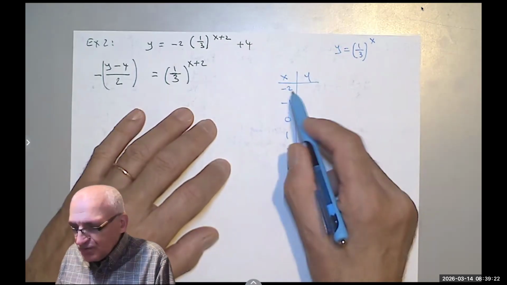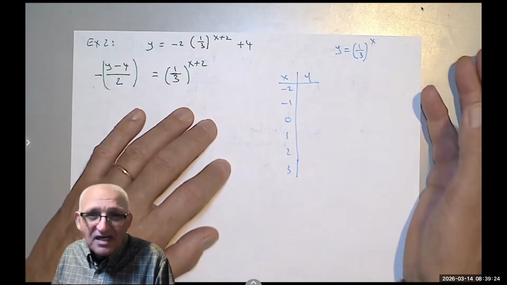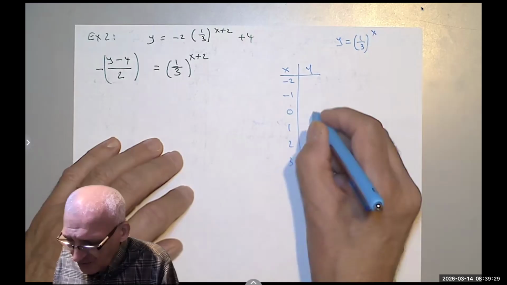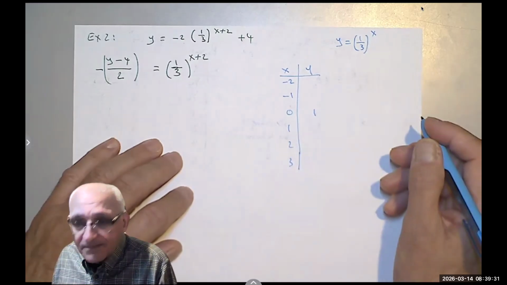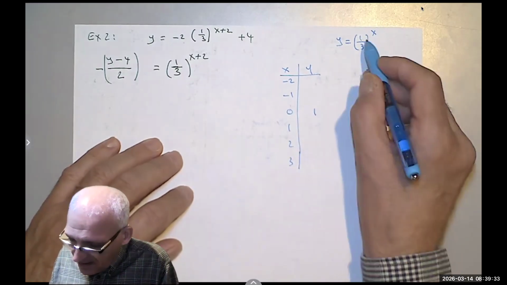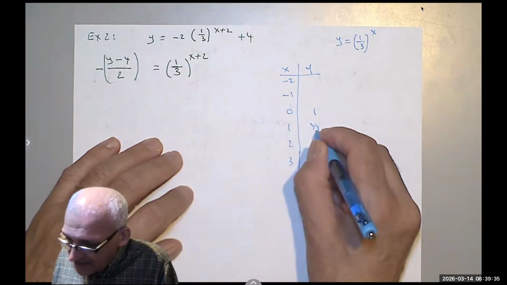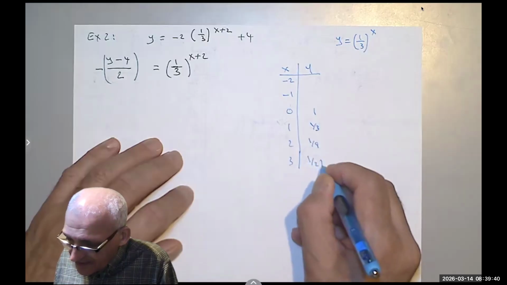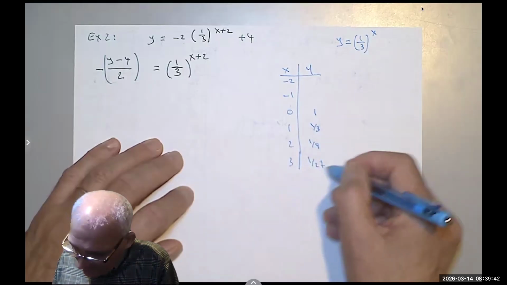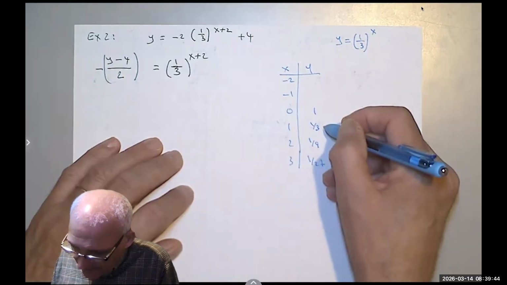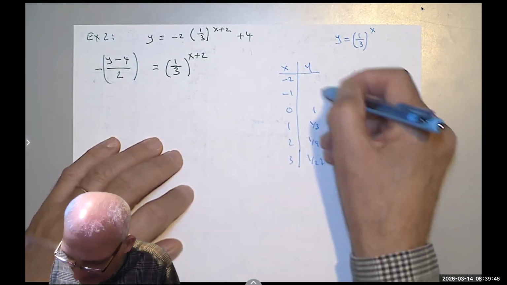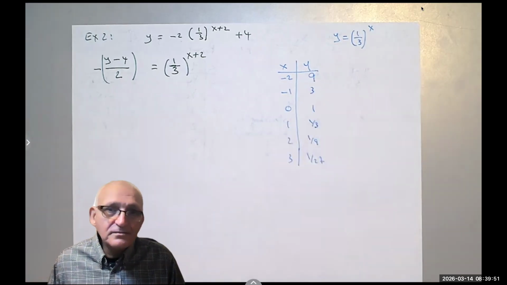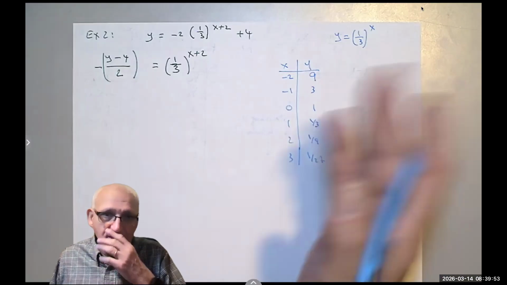If you don't know that 1/3 to the -2 is 9, if it's not easy, start with x equals 0, so that we know this is always going to be 1. Then multiply by 1/3 repeatedly, and then divide by 1/3 going the other way. So it's easy to construct this.